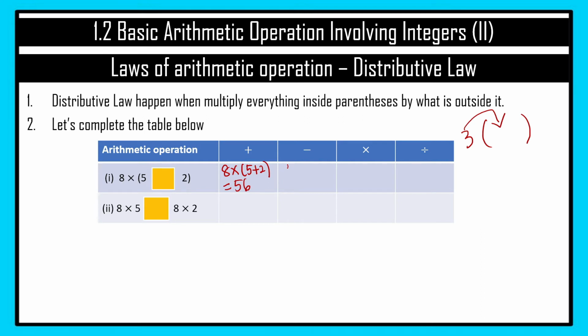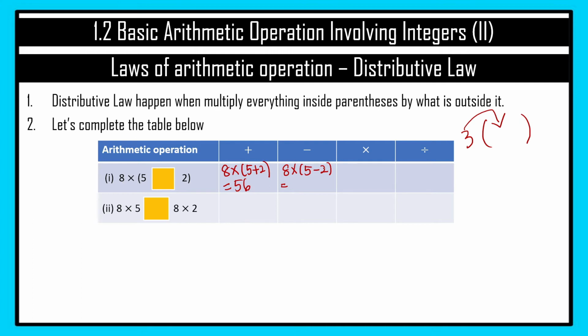Next one, 8 multiply 5 minus 2. So 5 minus 2 is in a bracket. So we are going to do that one first. So 5 minus 2, you get 3.